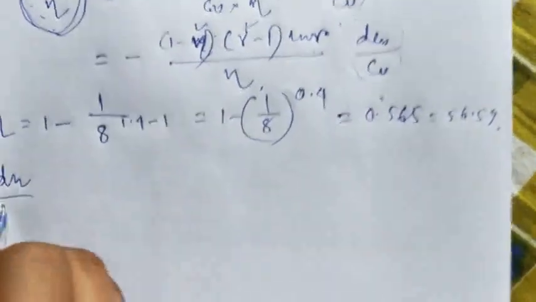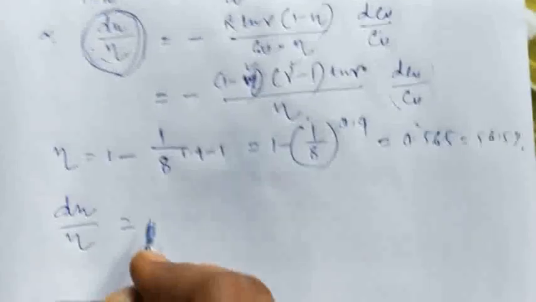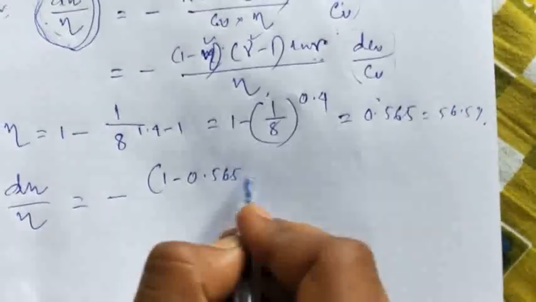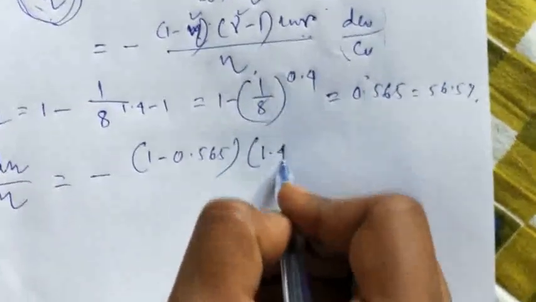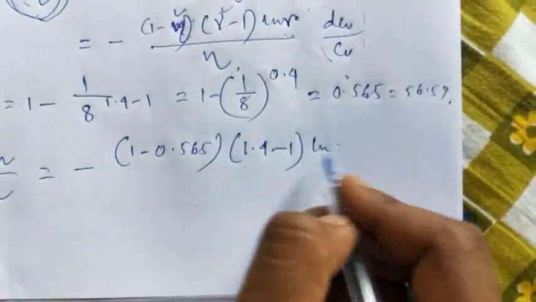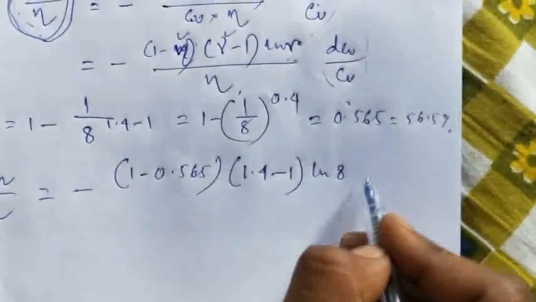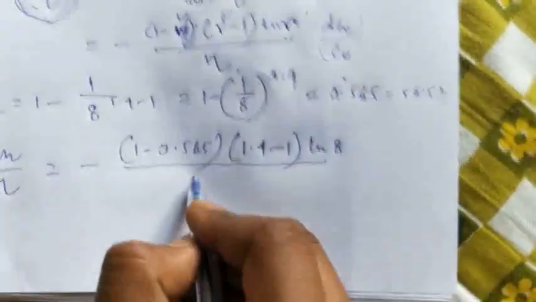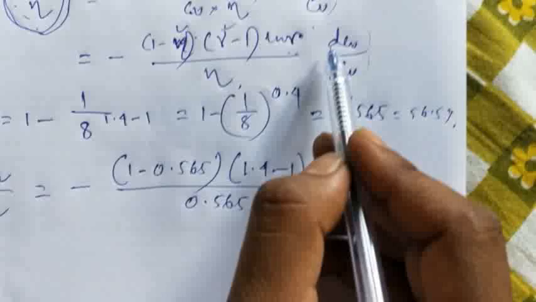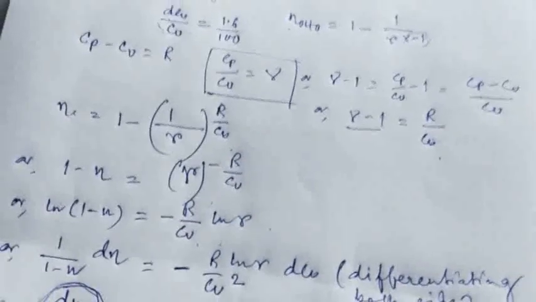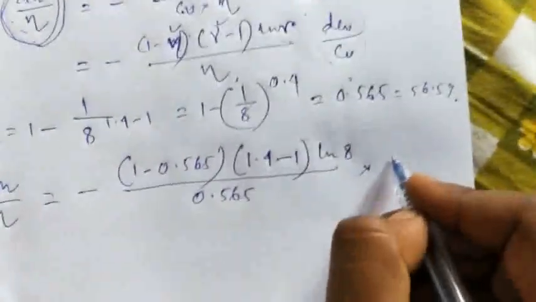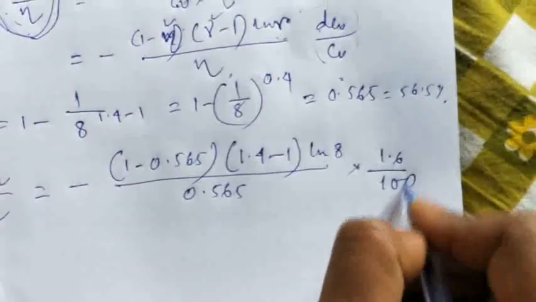This change in efficiency will be equal to minus of 1 minus 0.565, the value of gamma is 1.4, minus 1, ln r, the value of r is given as 8, by the value of this efficiency 0.565, into d of Cv by Cv, which is given already, the change in the value of Cv, it increases, so this will be equal to 1.6 by 100.